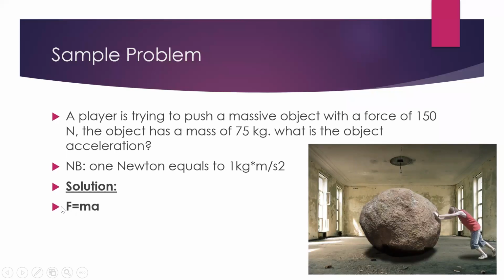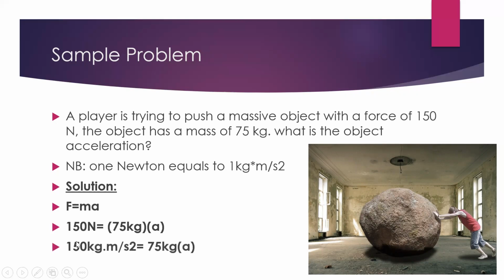So we will put the formula in the equation. F equals ma. F equals 150 Newton. We will substitute with the given information: equals mass 75 kilogram multiplied by acceleration.